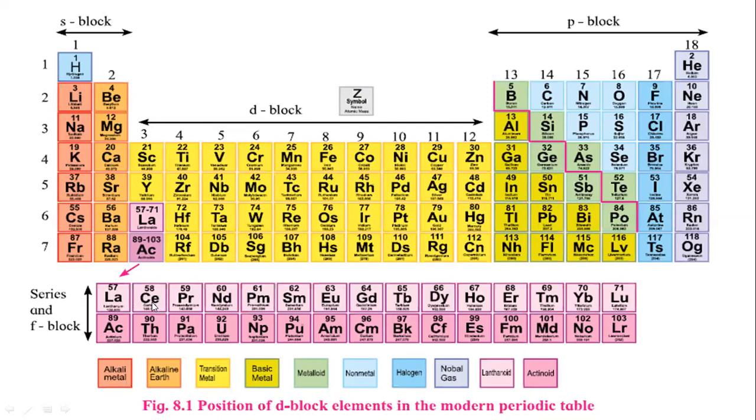So except cerium to lutetium, atomic number 57 to atomic number 80, this is 3d, this is 4d, this is 5d series. But remember, except cerium to lutetium, because cerium to lutetium is the lanthanide series.